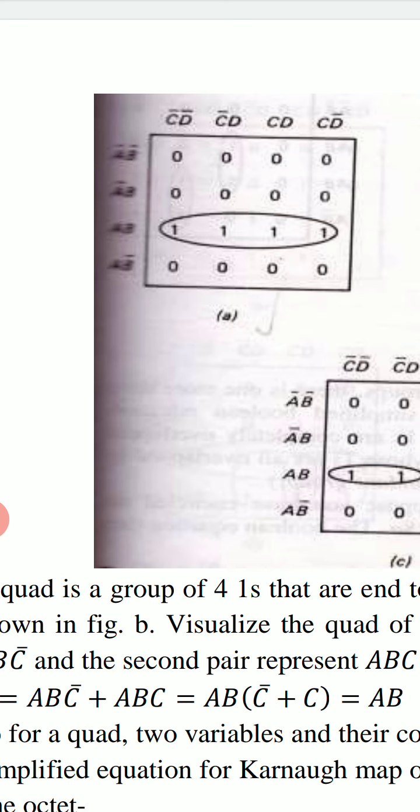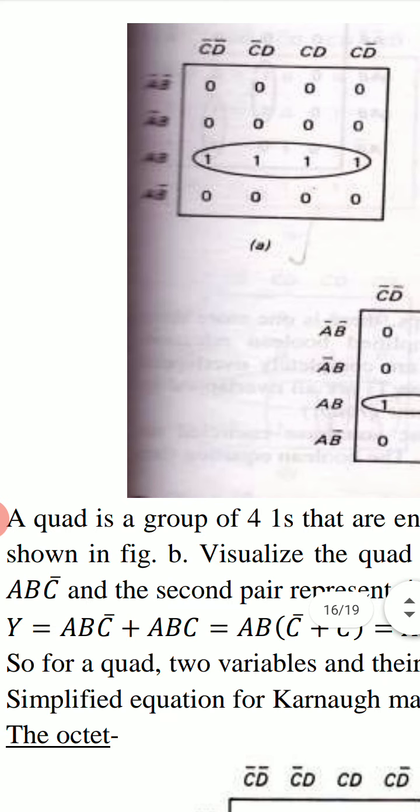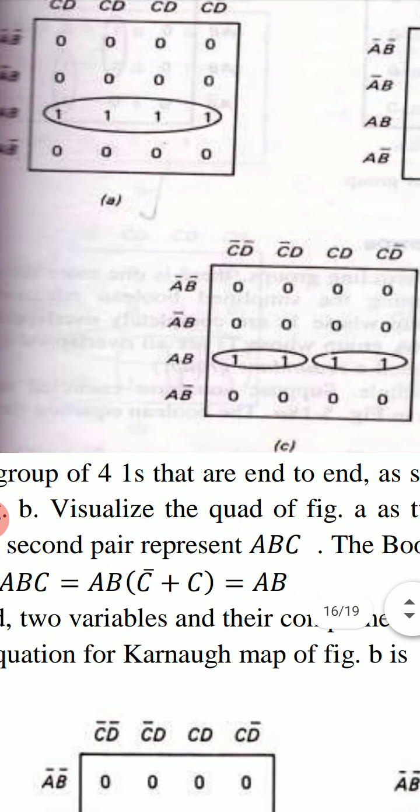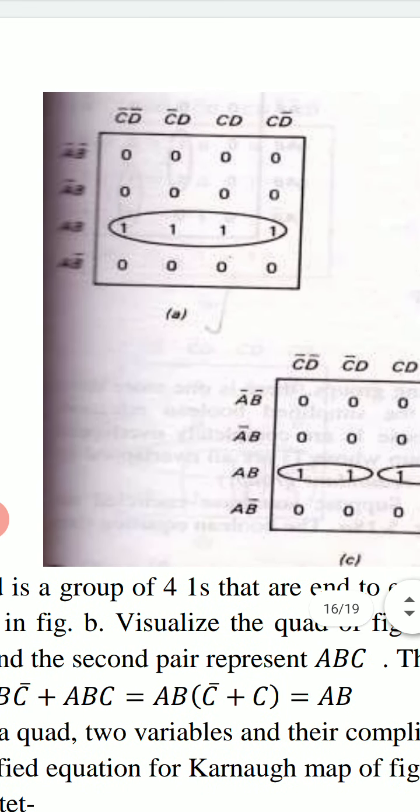So these all change from complemented to uncomplemented or uncomplemented to complemented. So we ignore all these and write only y equal to AB for a quad. For a pair we have 3 bits, for a quad we have only 2 bits, y equal to AB. In this way, if we find a quad, the algebraic expression is very much simplified.